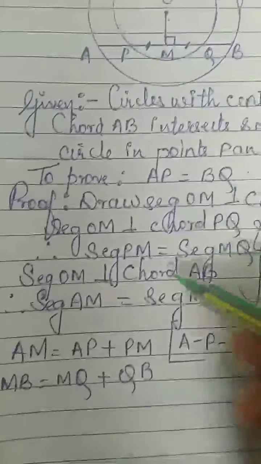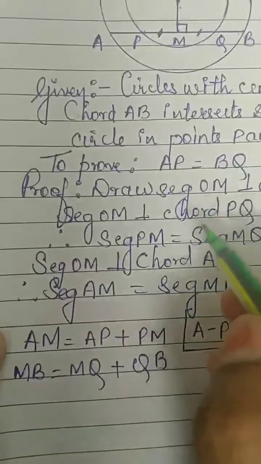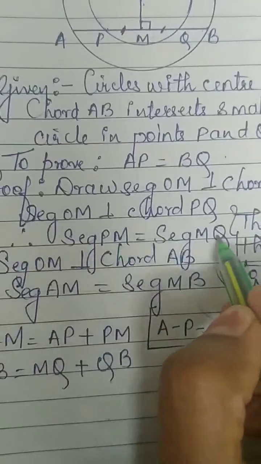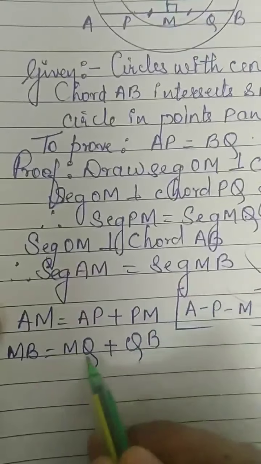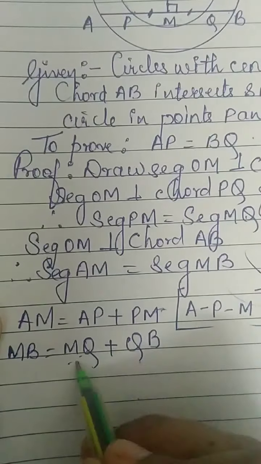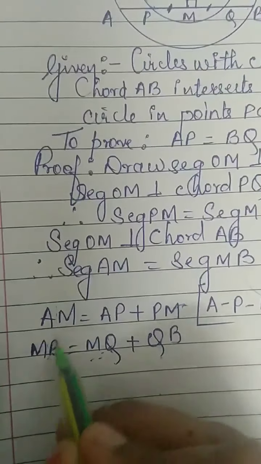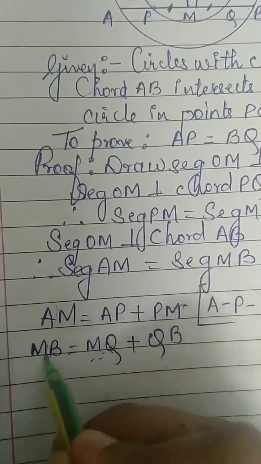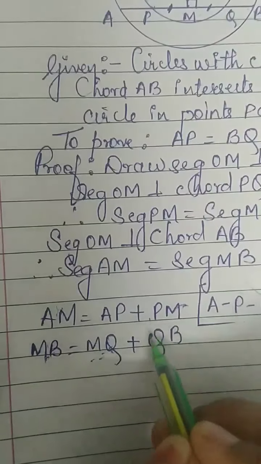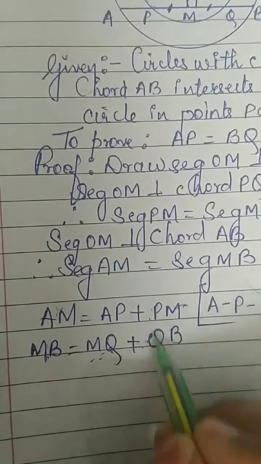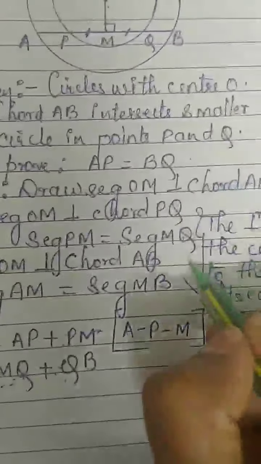Now just look up. Are we getting any clue here? We wrote PM is equal to MQ, no? These both are same. And we wrote AM is equal to MB. LHS congruent, so RHS will also be congruent. So we have to give numbers now.